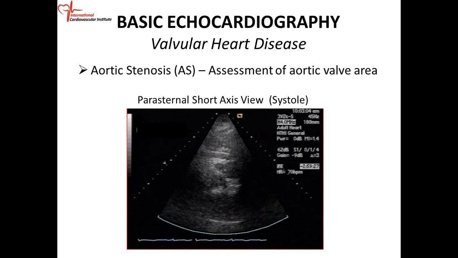What we know in aortic stenosis is that the important thing is the effective orifice area, not the anatomic area. There's a difference. When we planimeter the area, that's an anatomic area, but when we do our calculations, we get an effective orifice area, and it's usually smaller than the anatomic area.